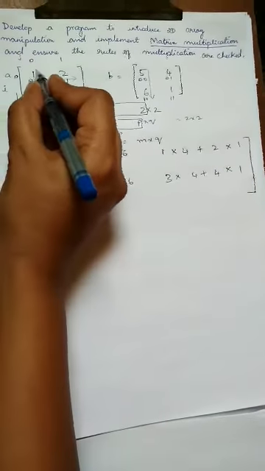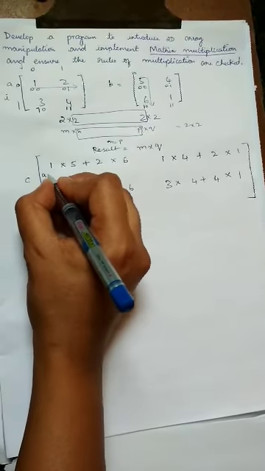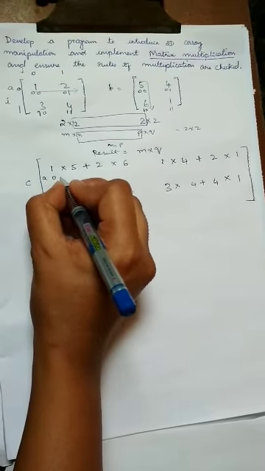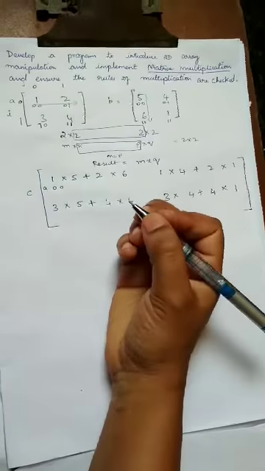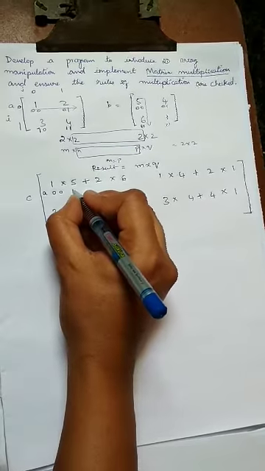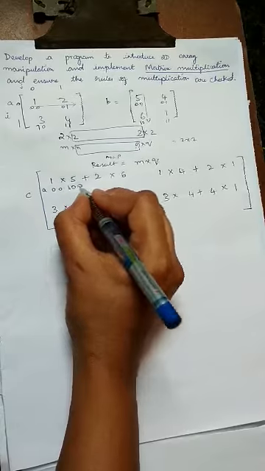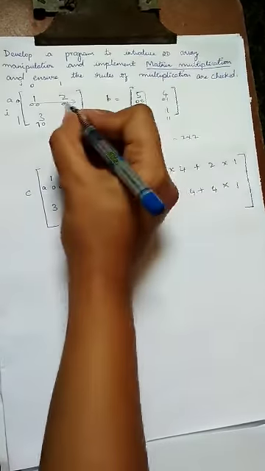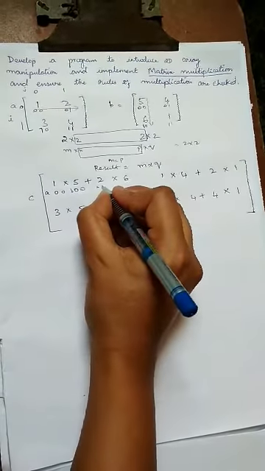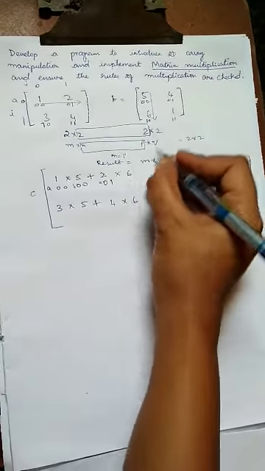So let me say how we got this one. You already know it is from A of 0, 0. So this is from A of 0, 0. And how do I get 5? That is from B of 0, 0. How do I get 2? From A of 0, 1. How do I get 6?